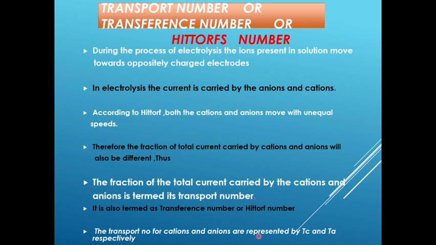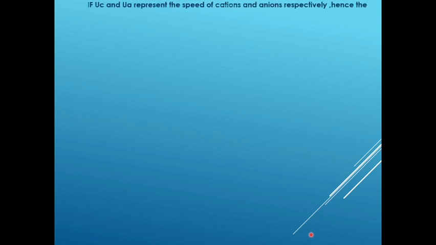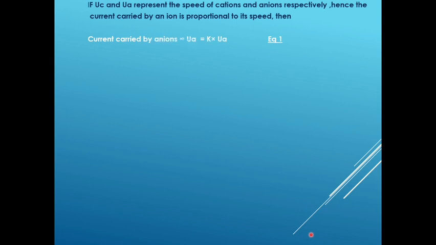I have told you earlier that the transference number for cation is represented as Tc, and for anion it is represented as Ta, respectively. How do we derive it?